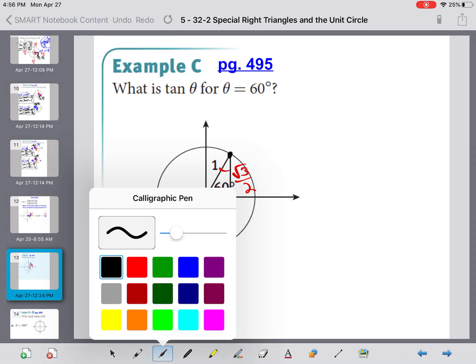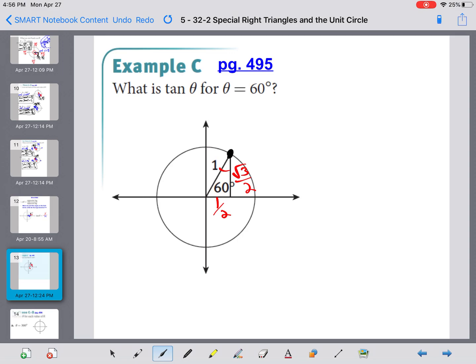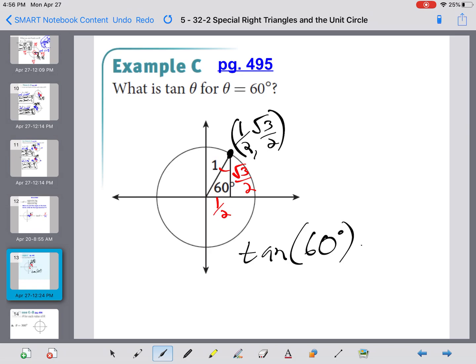So this point here in quadrant 1 is 1/2 comma root 3 over 2. That's the xy. So the tangent of 60 degrees is the y value over the x value. So it's root 3 over 2 divided by the x value.